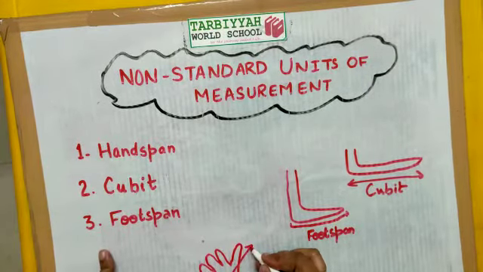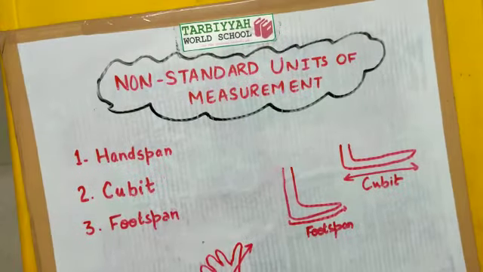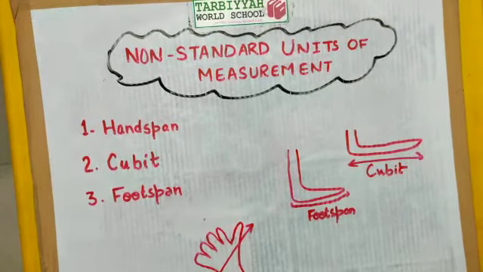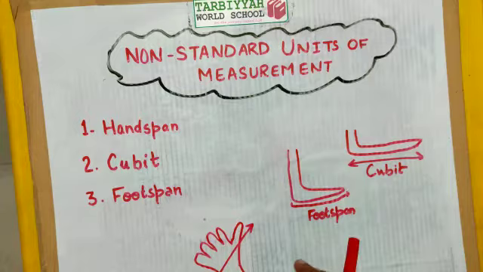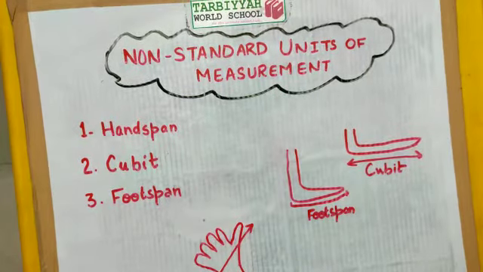See, like this. This is handspan. So in this video, we have learned about 3 terms: handspan, cubit, footspan, and these are the non-standard unit of measurements.